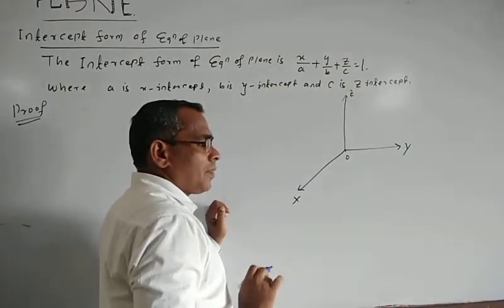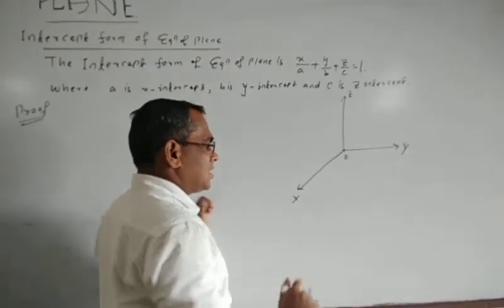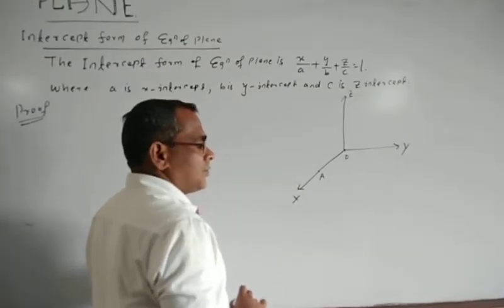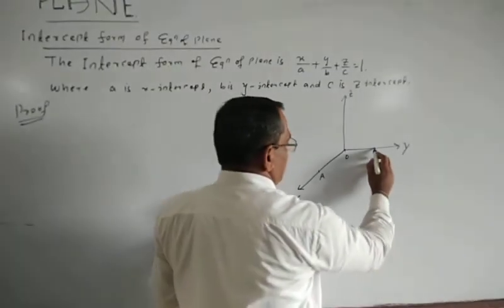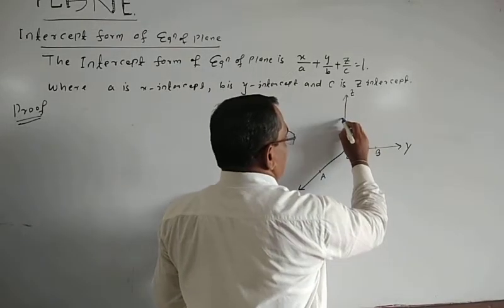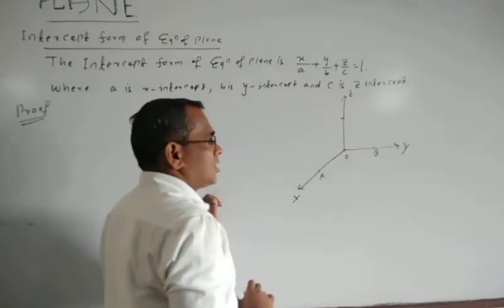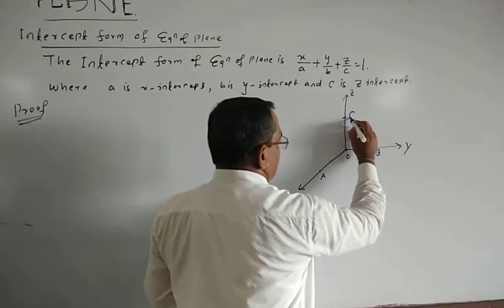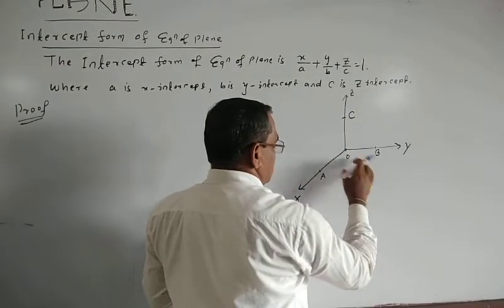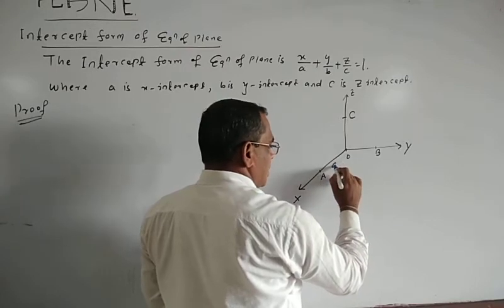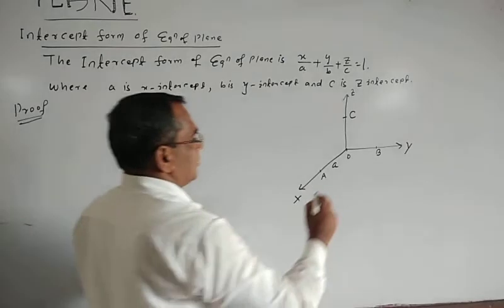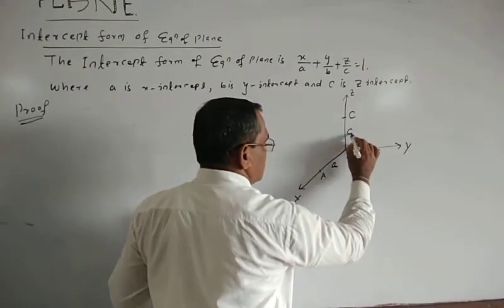Suppose the plane intercepts the x axis at capital A, the y axis at capital B, and the z axis at capital C, such that the x intercept OA is a, the y intercept is b, and the z intercept is c.